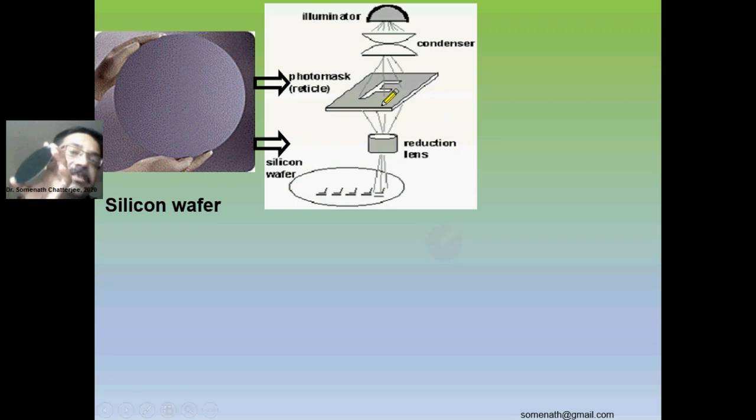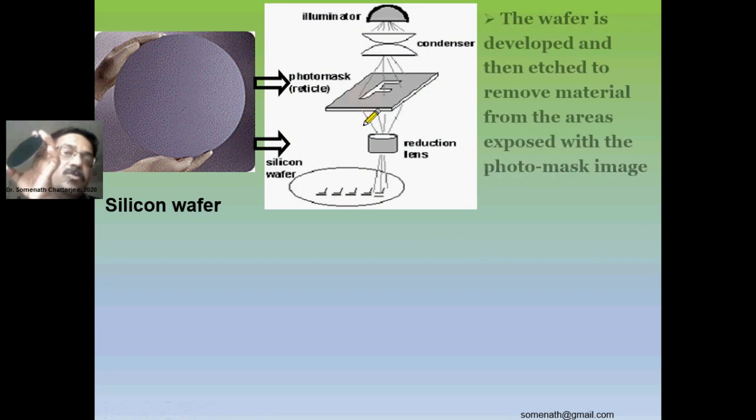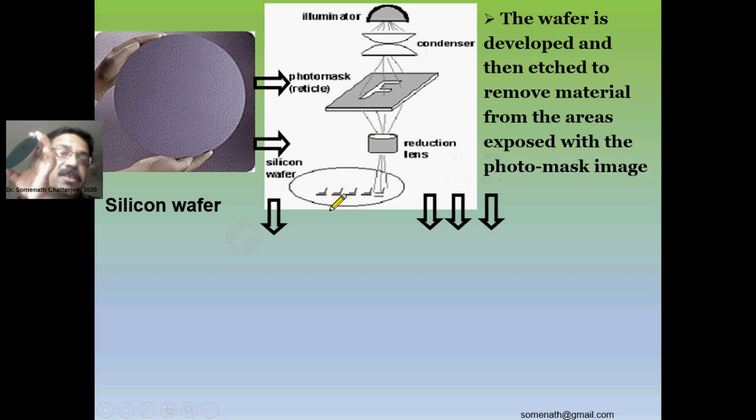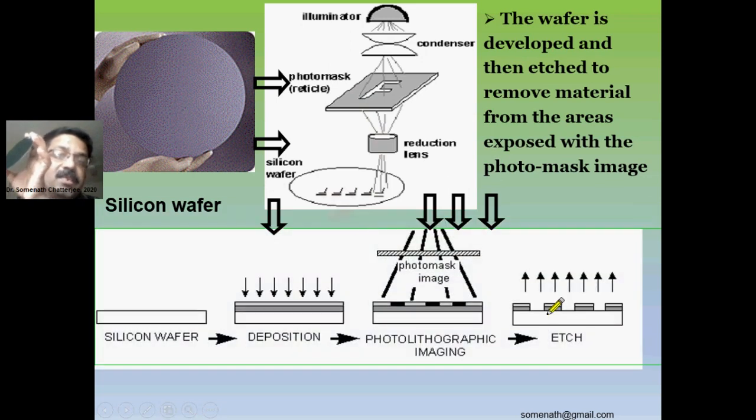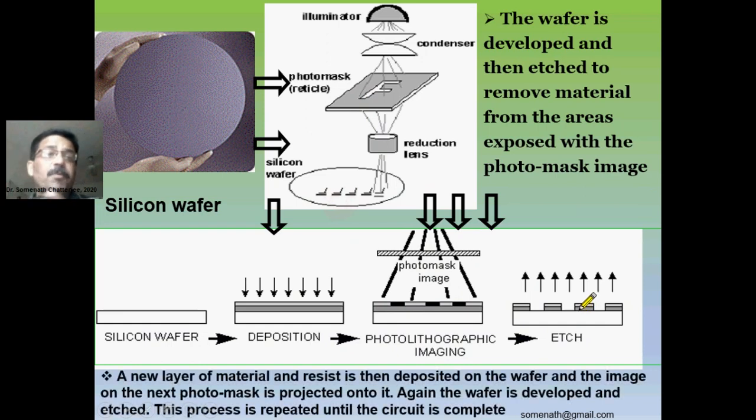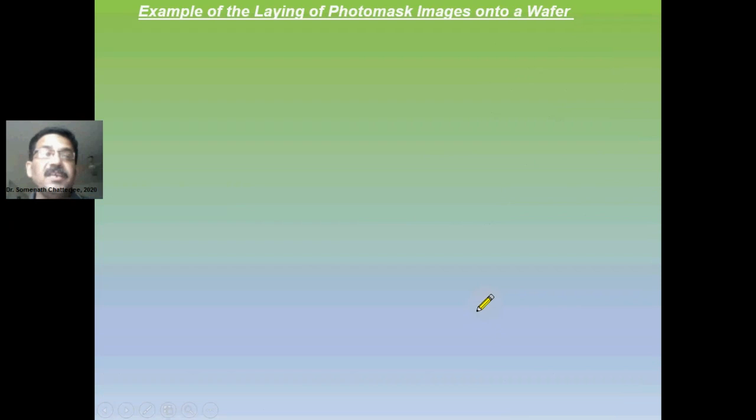This is using the condenser. If I want to make a replica or any kind of star, that is the image, we can do it using the reduction lenses. So this is the process. I'm not going into detail on the process, but what I wanted to say is that using this we can easily make the devices.